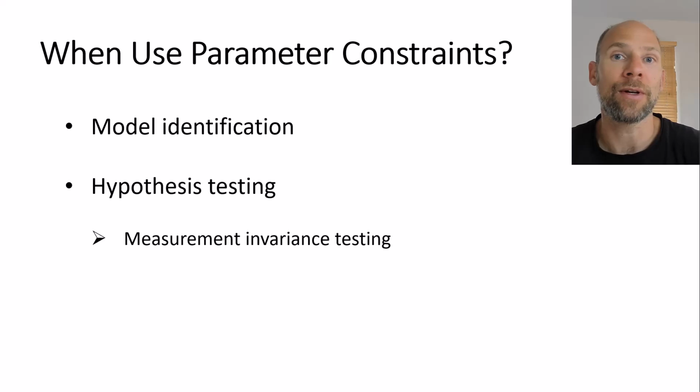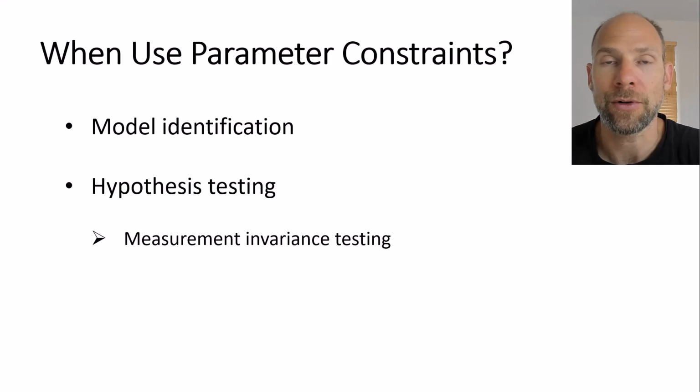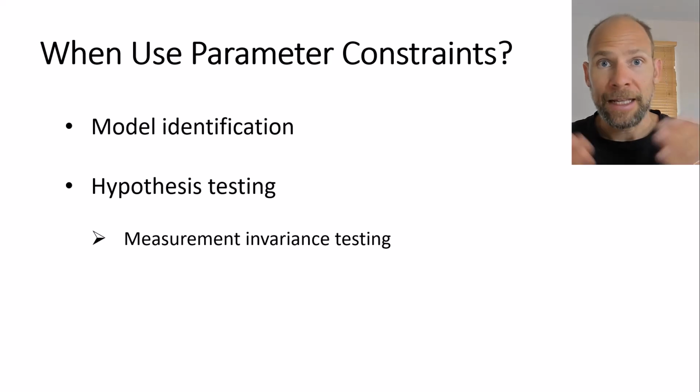Also in multi-group analysis, we usually test equality constraints to find out whether groups differ in terms of their measurement parameters and also in terms of structural parameters. So oftentimes in multi-group analysis, we're interested in mean differences on the latent factors across groups, and then we have certain constraints that help us identify a latent mean structure so that we can compare latent means across groups.